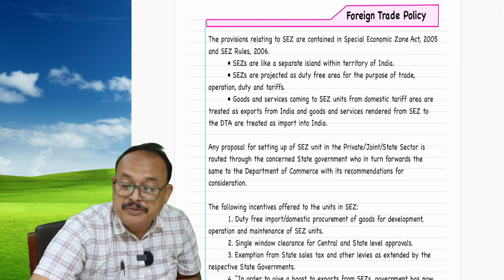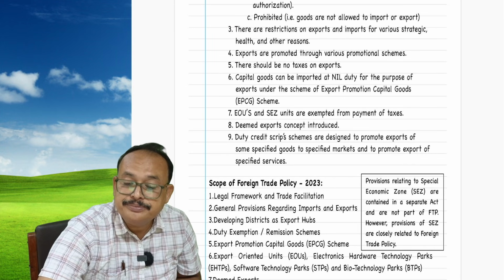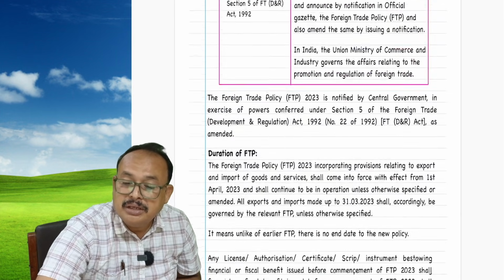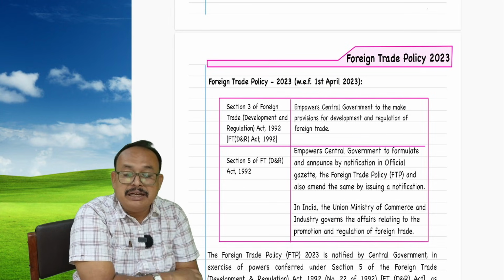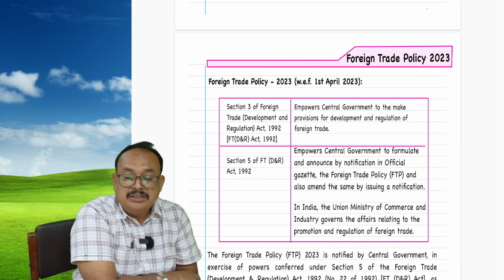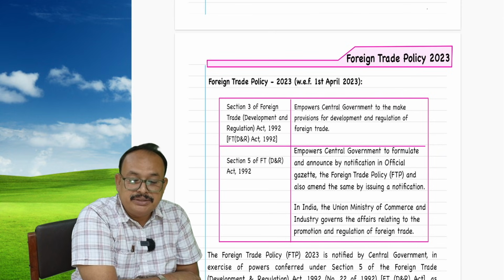Now I can say in a simplified manner that the DGFT comes under the Foreign Trade Development and Regulation Act, the FTD&R Act 1992.